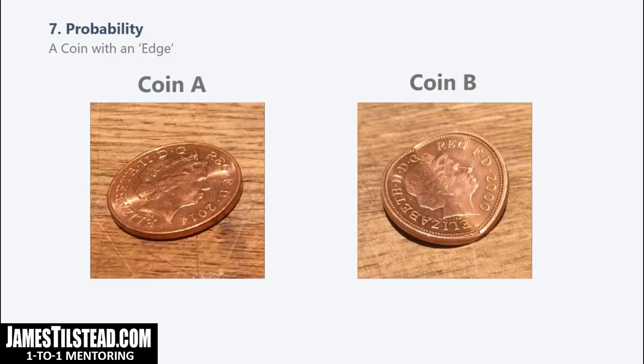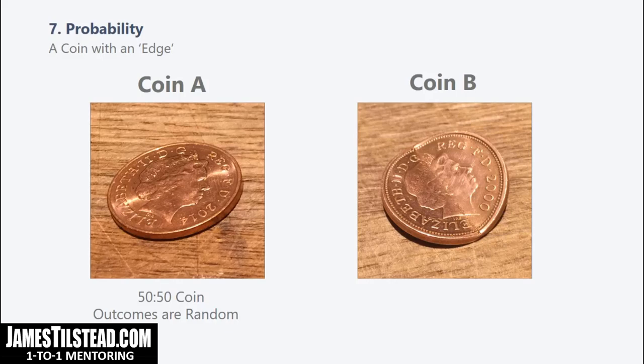So, let me welcome you to my probability lab. This is an experiment that I set up to demonstrate what happens when we move away from the 50-50 and into unknown probabilities like trading. I've created a coin with an edge. Coin A is a regular 50-50 coin and outcomes are completely random.